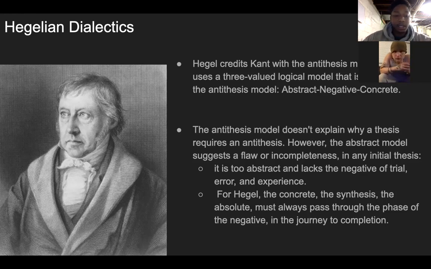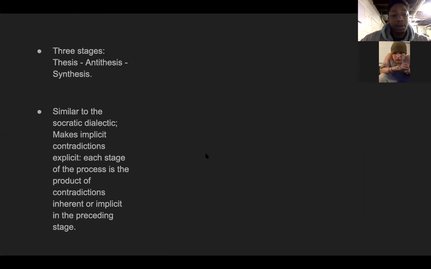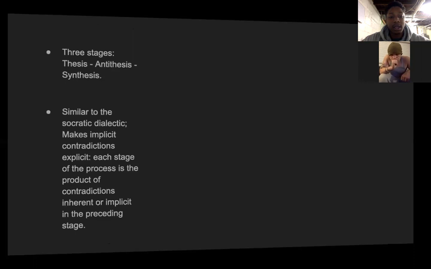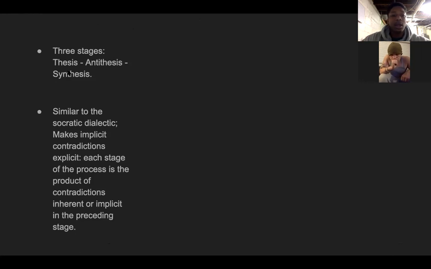So how that relates back to what we were talking about is that I'm going to label the three stages as the antithesis model, because that's an easy way to distinguish this model from Hegel's model.